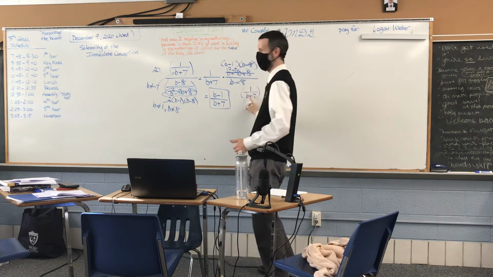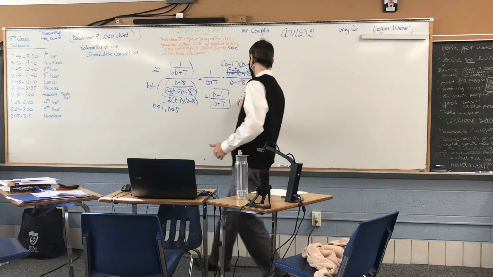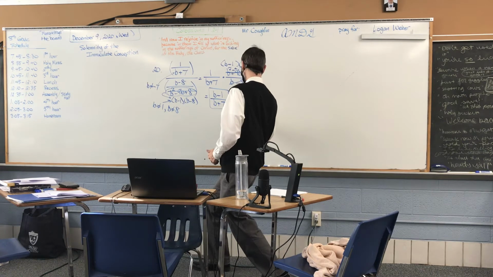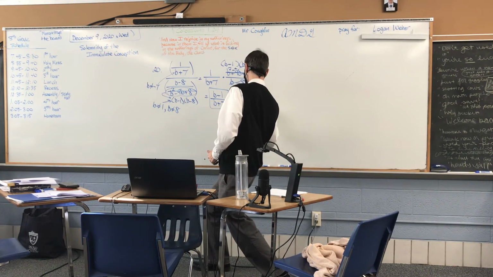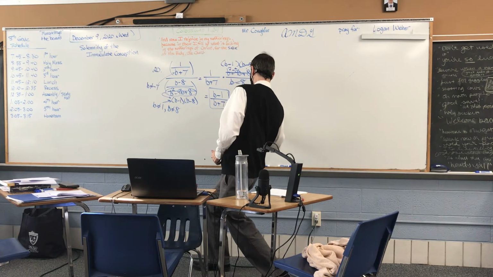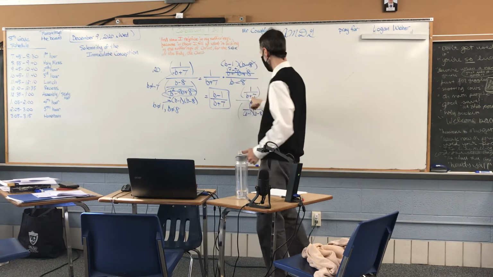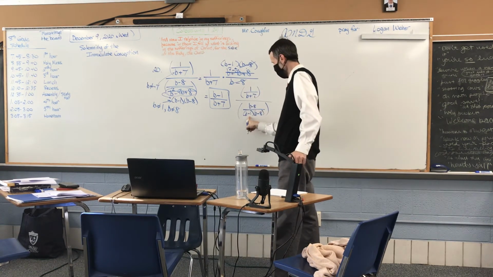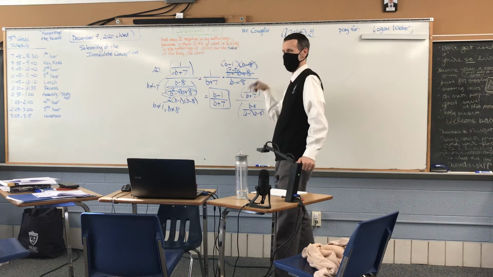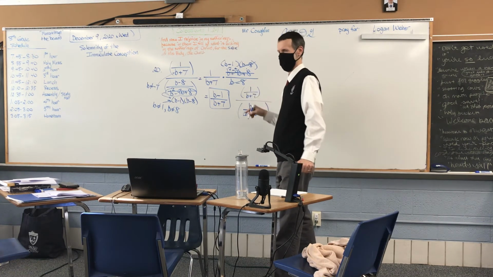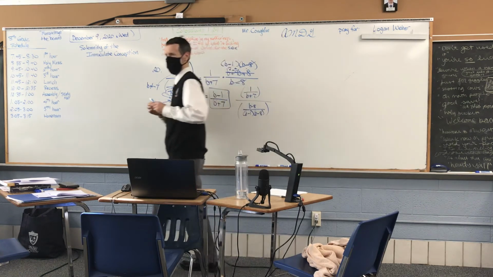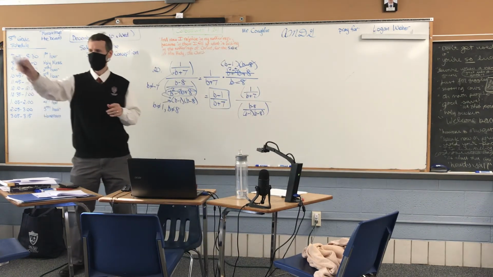Remember, this is a little bottom, you have to restrict it. The other one, if you factor it, looks like this: b minus 8 over b minus 1, b minus 8. So this is restricted, and this is restricted, because all of them are on the bottom of a fraction.